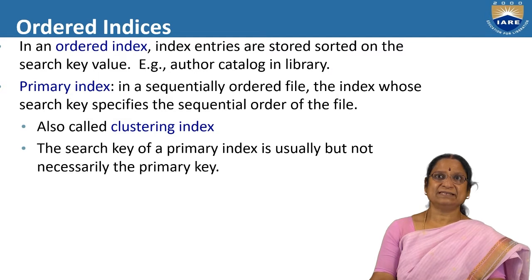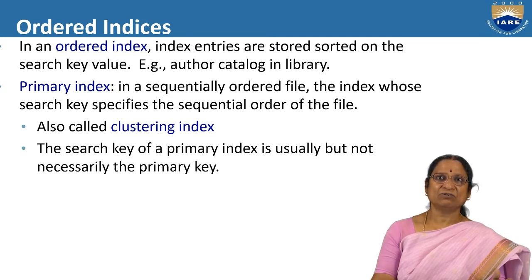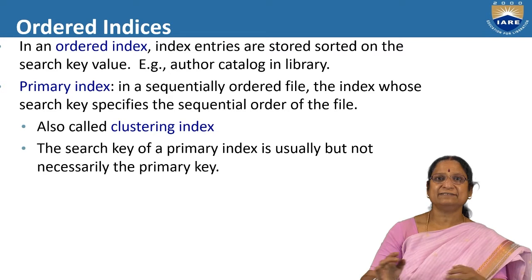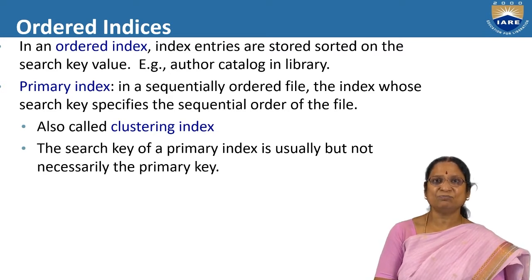Primary indexing means, in a sequentially ordered file, the index whose search key specifies the sequential order of the file is called a primary index. This is also known as cluster indexing. Why? Because sometimes these index values are going to have a group of values. The search key consists of multiple values, multiple indices are available, then we may call it cluster indexing.